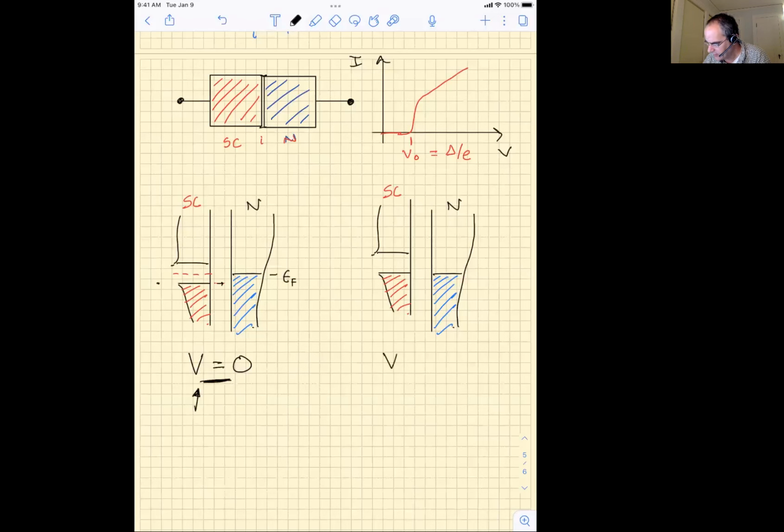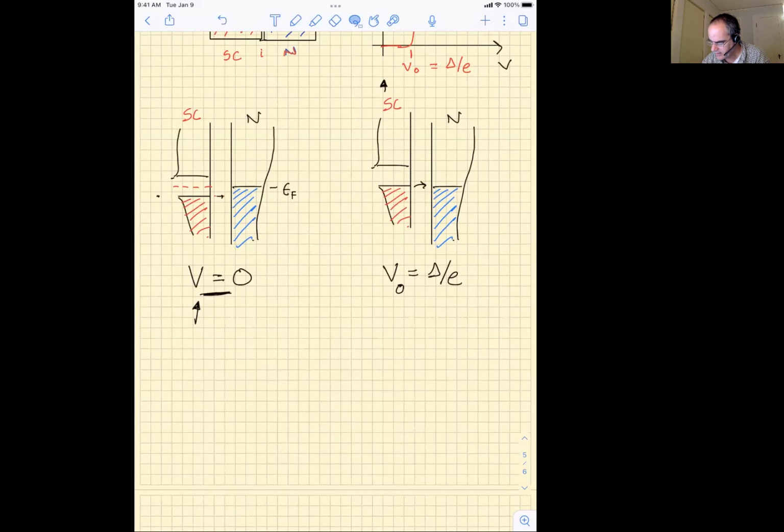It's only when we make the voltage larger, V equals delta over e, that we displace the electrons in the superconducting material up in energy by that voltage, and now they can tunnel across. So it's only when the voltage is equal to V naught that tunneling can commence and we can get any current to flow.